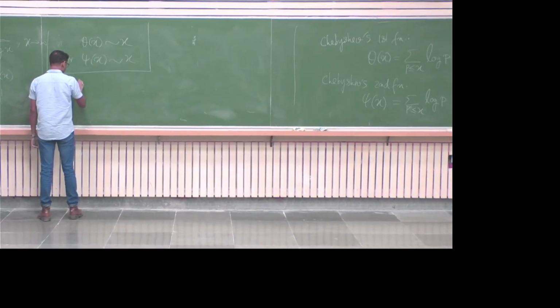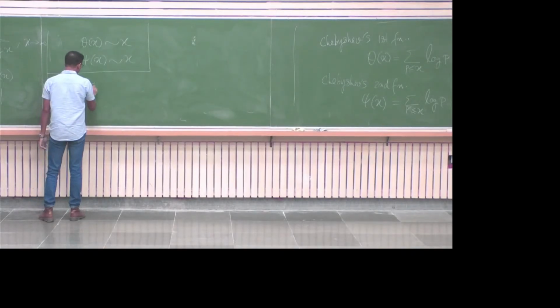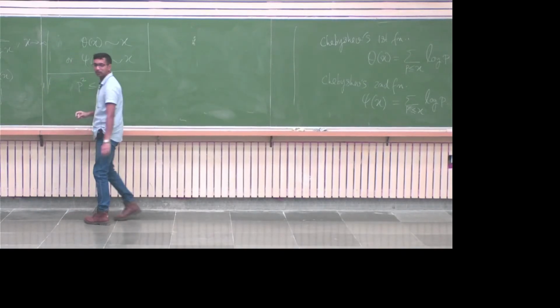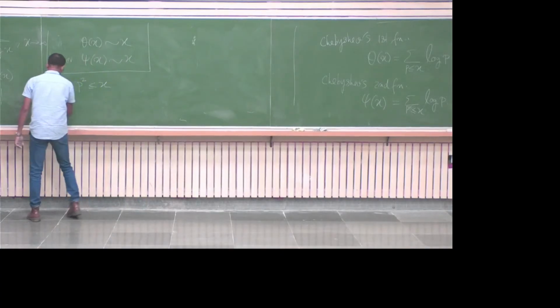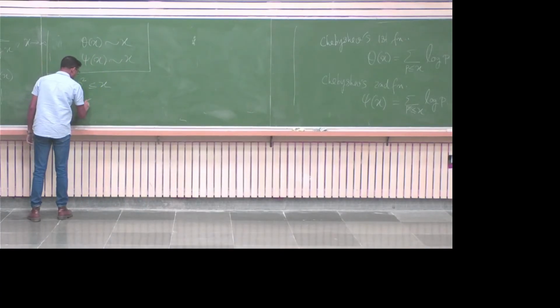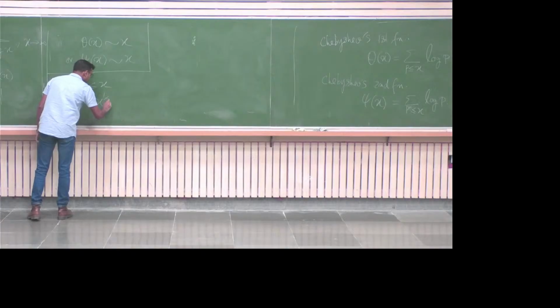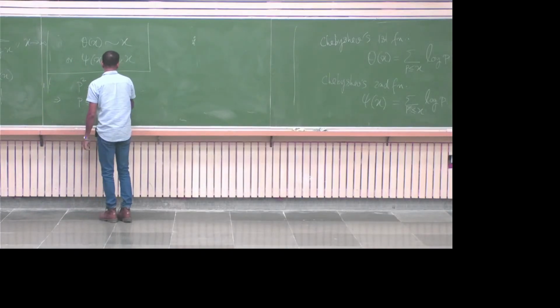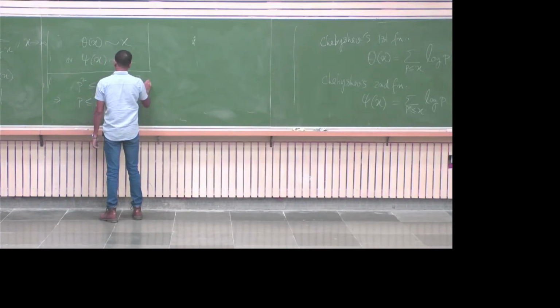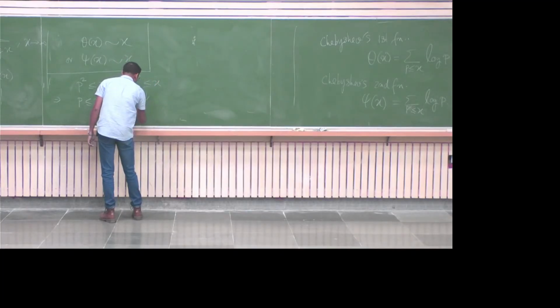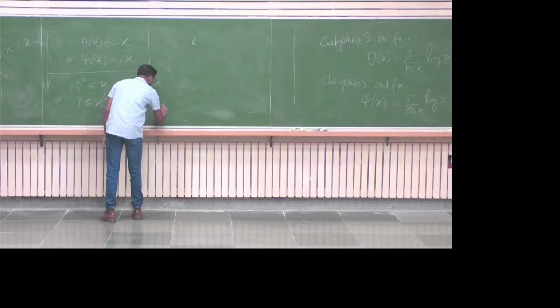Note that, for example, consider this situation, that is p squared less than or equal to x. What does it mean? It just means that p is less than or equal to x to the power half. Instead, if you consider p cubed less than or equal to x, that will imply that p is less than or equal to x to the power 1/3.